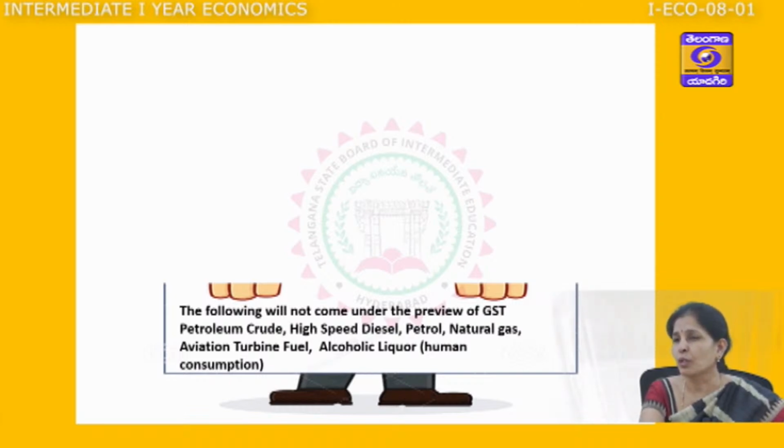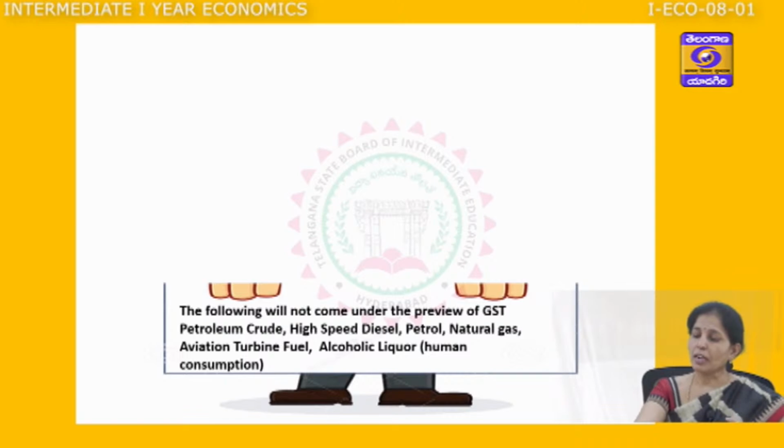They are petroleum crude, high-speed diesel, petrol, natural gas, aviation turbine fuel, and alcoholic liquor for human consumption. GST does not cover these particular products.